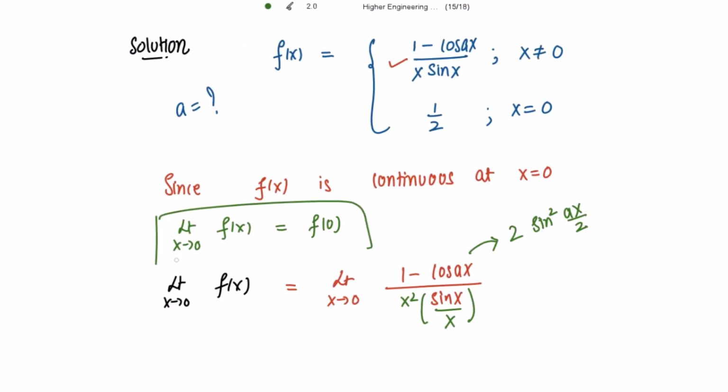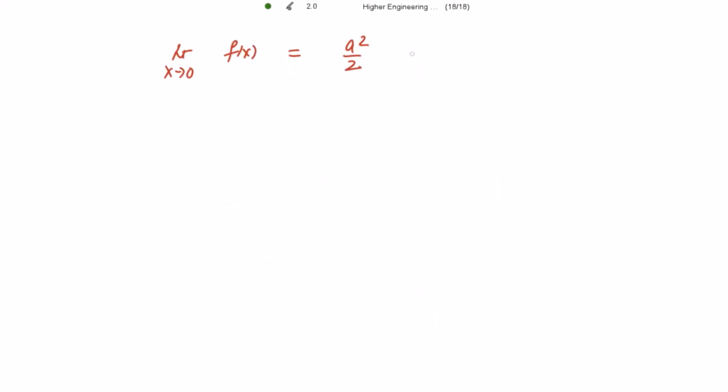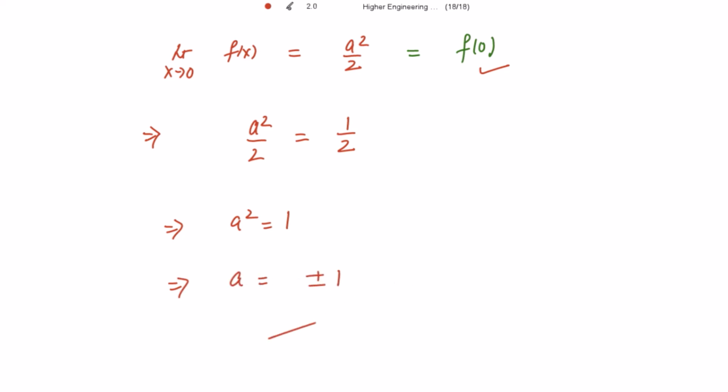And from here we know that this left hand side limit is also equal to f(0). And the function at x equal to 0 is 1/2. So this is equal to f(0), which implies a square by 2 is equal to 1/2, as given. That further implies a square equal to 1, which further implies a equal to plus minus 1. Alright, thank you.